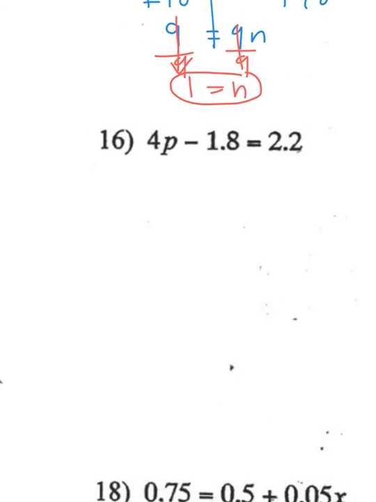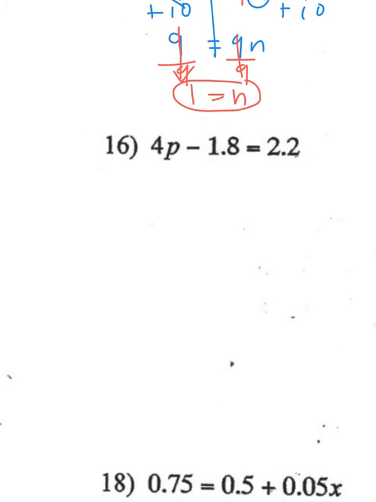Okay, this is where, to make it a little bit easier, you should notice, or you could if you like to use this method, that these are in the tenths column, so we can multiply everything by 10. So 10 times 4 is 40p. 10 times 1.8 is going to be 18, because it just moves the decimal over one time.